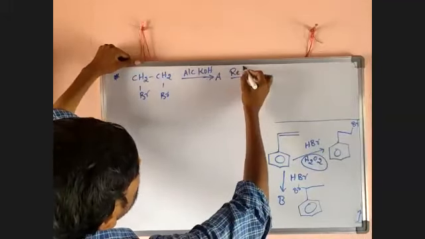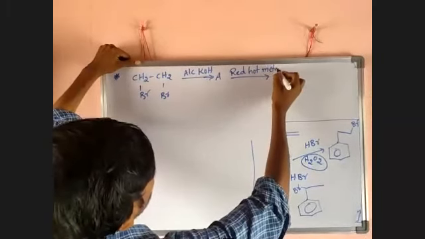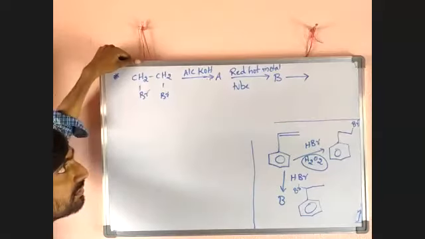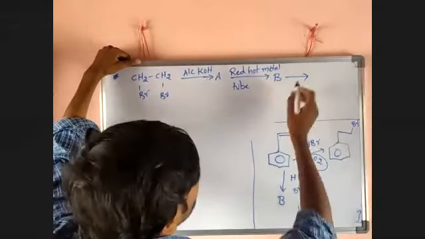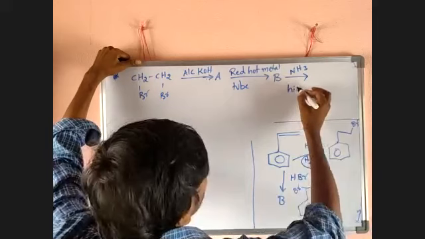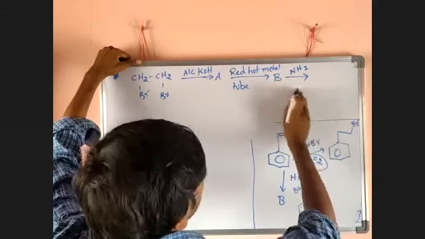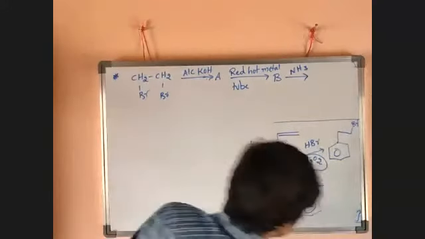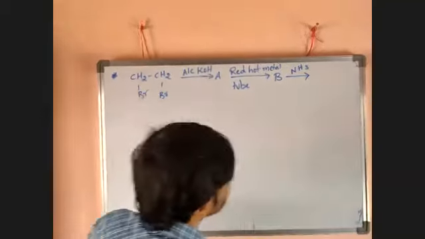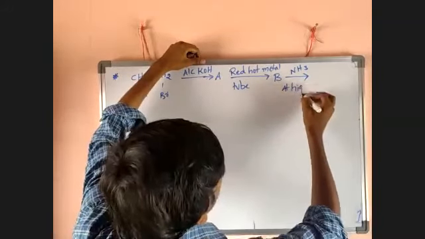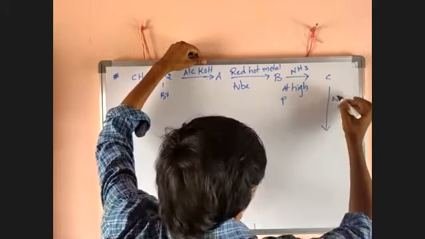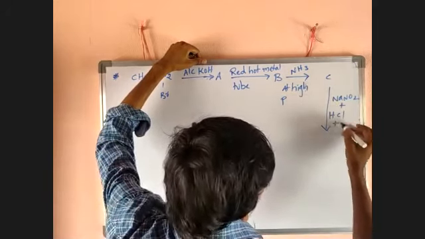Now this A is passed through red hot metal tube. You will get B. Then this B on reaction with NH3 at a high temperature and high pressure, then you will get C. Then it is treated with NaNO2 plus HCl at 0 to 5 degrees centigrade.